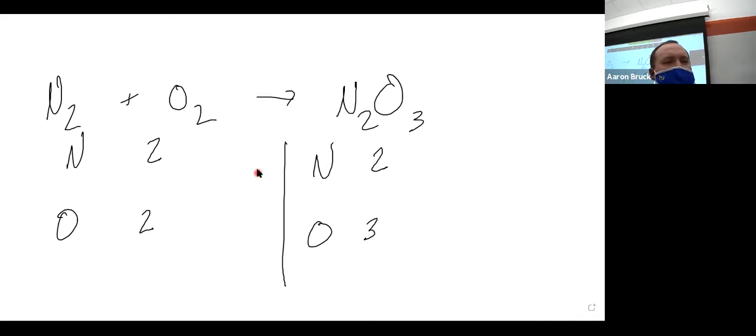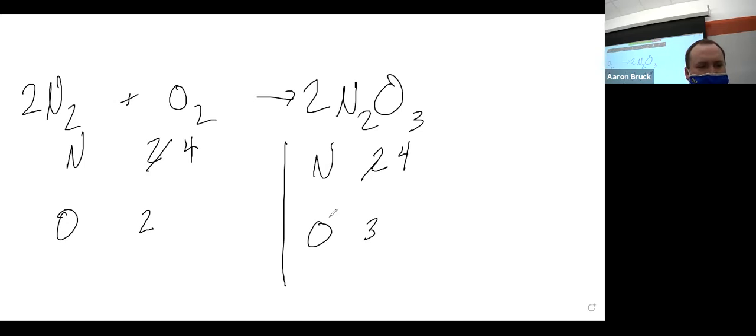So when we face that situation, the thing to do is collective doubling. So I'm going to double the nitrogen. I'm going to double the product. That's going to keep my nitrogens still even at 4 apiece. But 2 times 3 is now going to give me 6 oxygens in total.